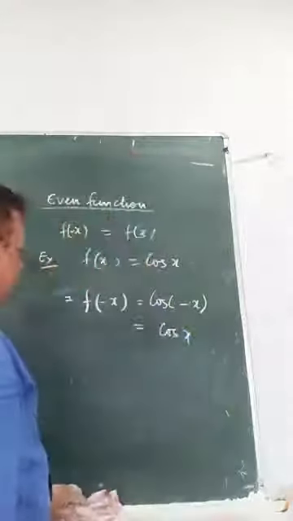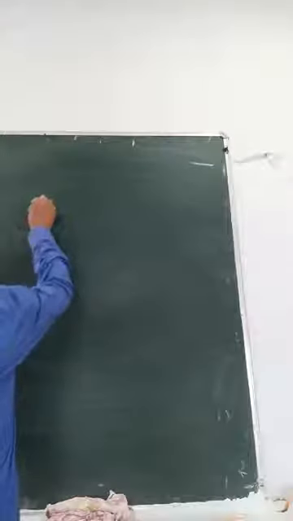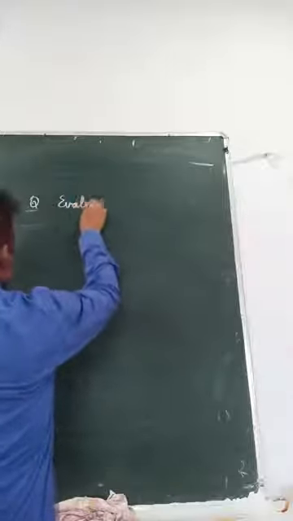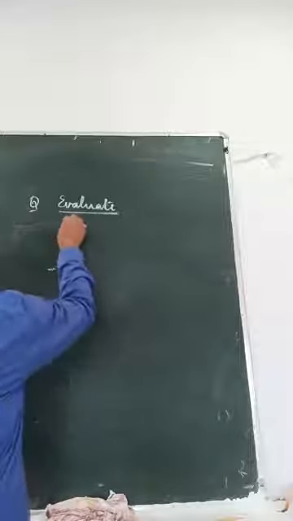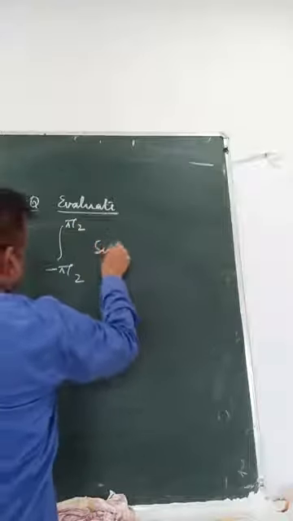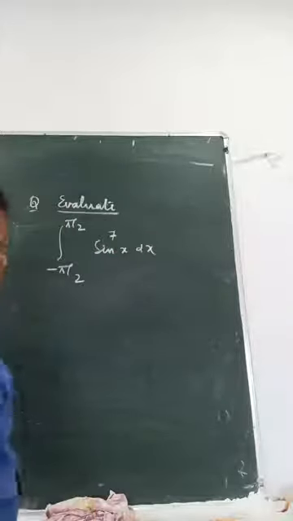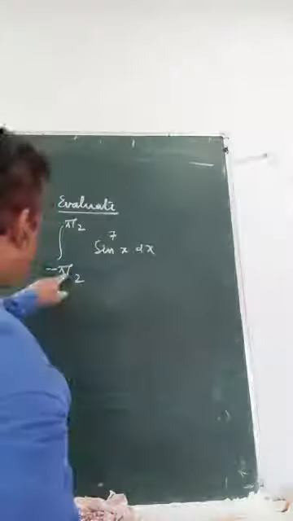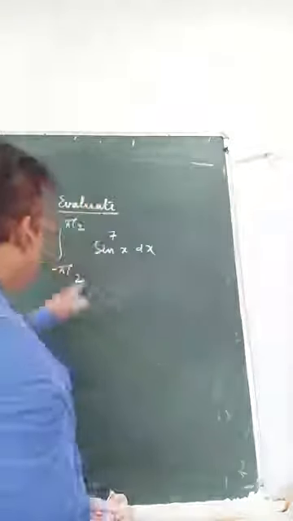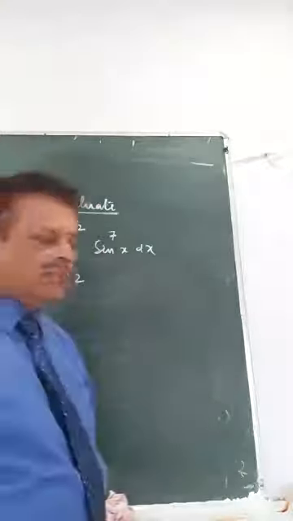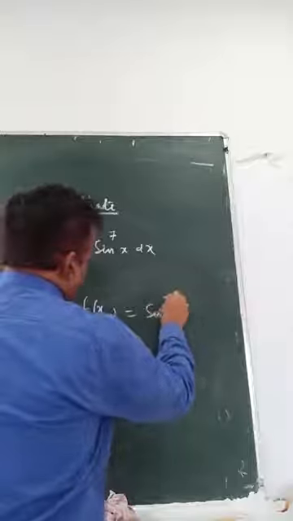Suppose I take a question: evaluate the integral from minus pi by 2 to pi by 2 of sin 7x dx. When you see a limit of the form minus a to plus a, you check whether it is an even or odd function. So your f(x) is sin 7x.